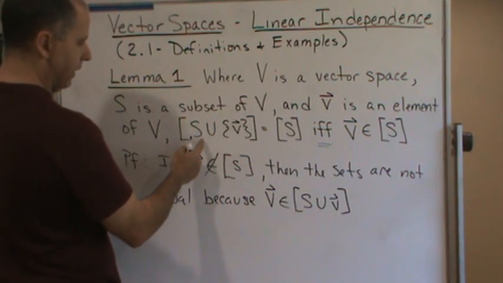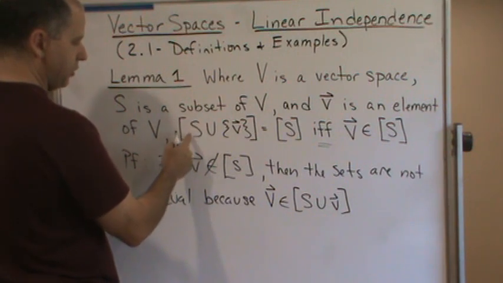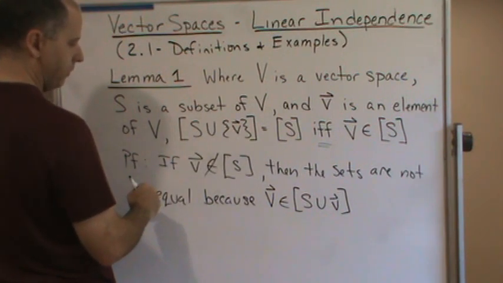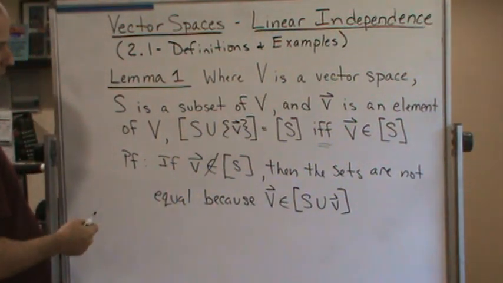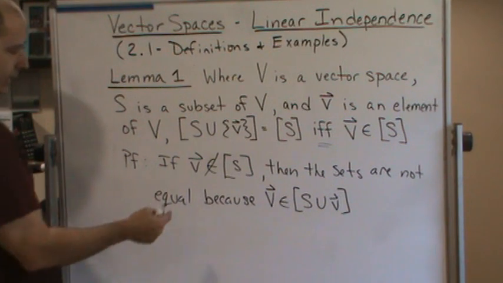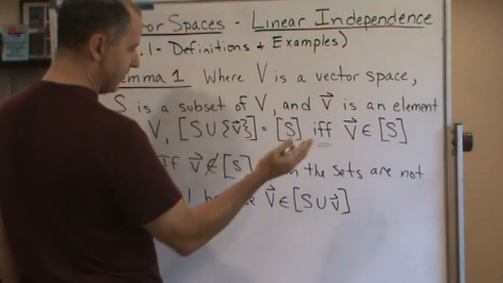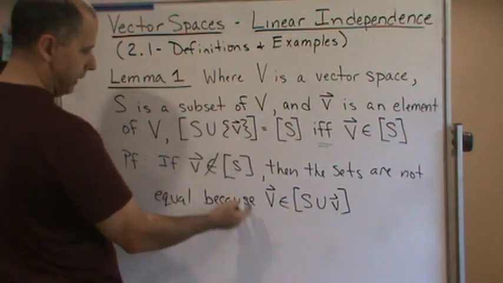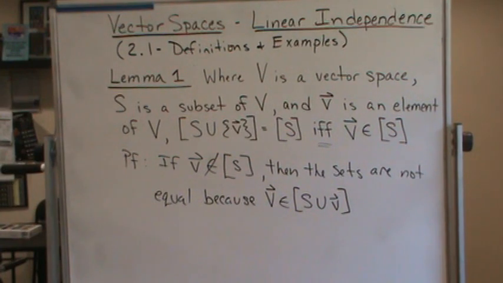We're taking all of the linear combinations of the union of this set and this set, so vector v has to be in there. So by contrapositivity, if the vector is not in this spanning set, then the sets cannot be equal because we know it's in this set. Okay, so that's one way.